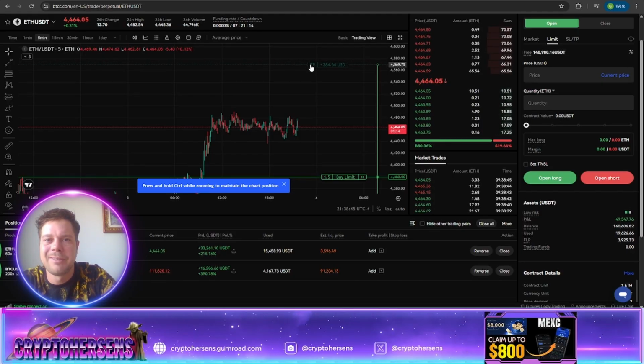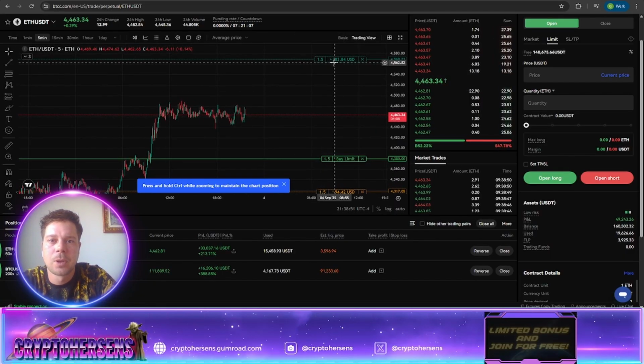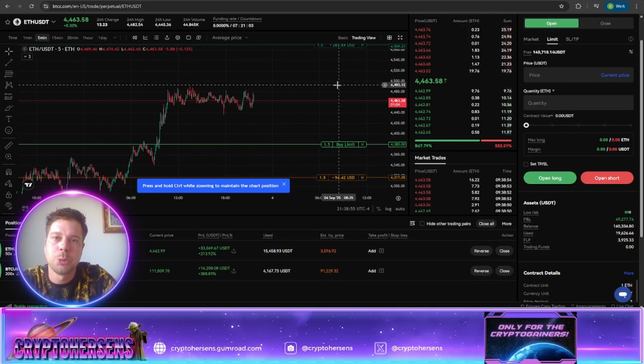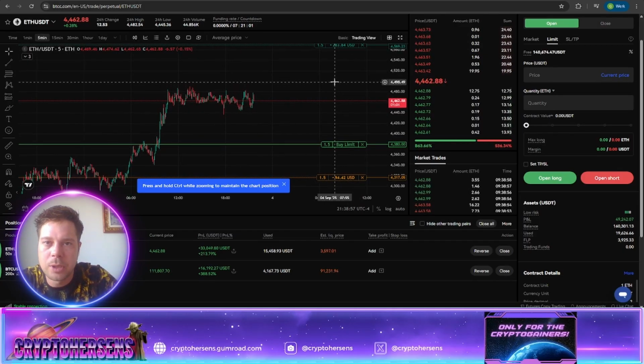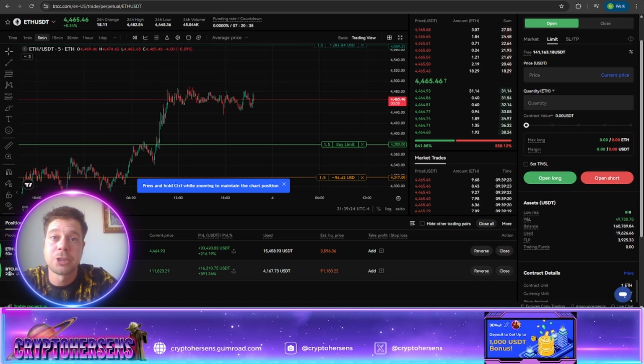So I think this is a very safe trade with a nice risk reward ratio for you guys to make, in my case, $283, but it's up to you what you put in the trade. Remember, only put in the trade what you can afford to lose. When you're a beginner, join the Crypto Gainers, upgrade to premium, and I will explain everything you need to know to become a leverage trader.